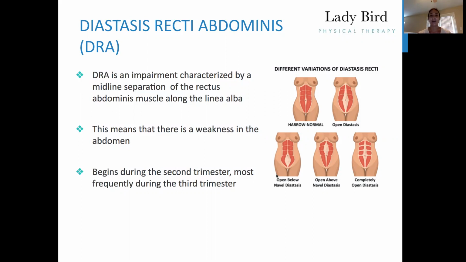And then the linea alba is the fascia in the middle that joins this muscle together. So really, it's generalized weakness of the abdomen. That's really what the condition is. It typically begins during the second trimester. However, it more frequently starts in the third trimester, just based on the belly expanding the most at that time. And there's some pictures on the right where you can see where the separation can occur.